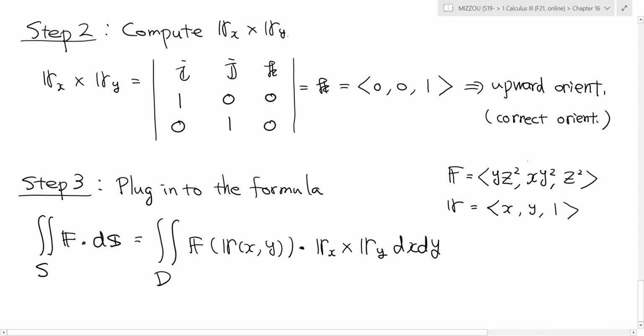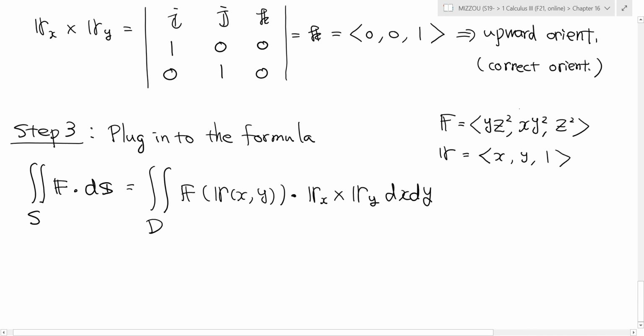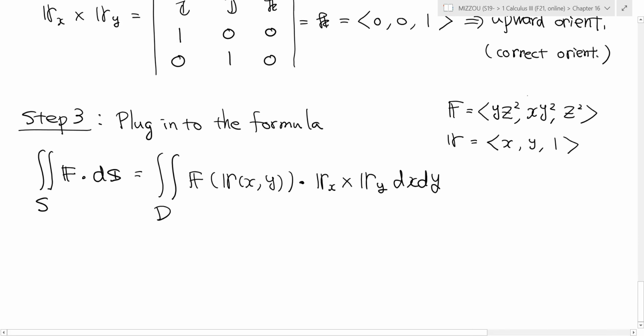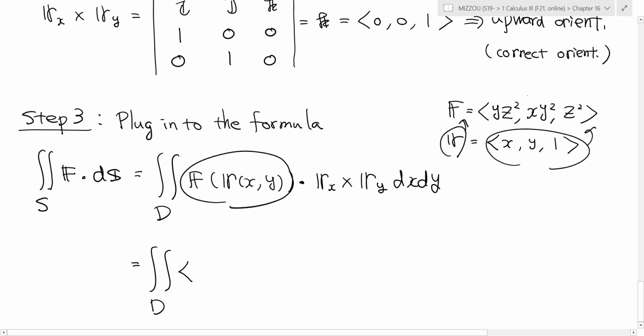Okay. So, from this, what do we see? You plug in r to F, meaning that you plug in this to here, namely x is x, y is y, and z becomes 1.